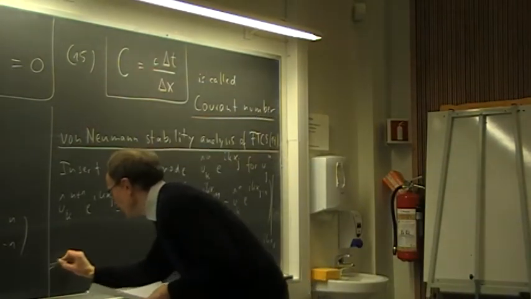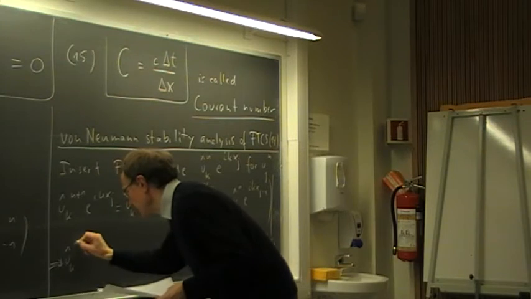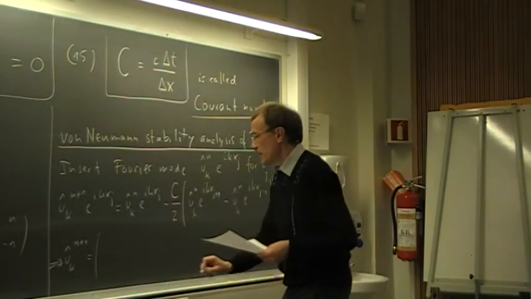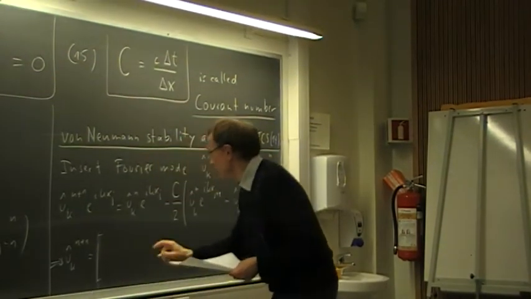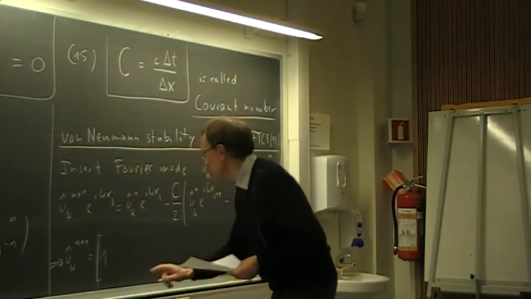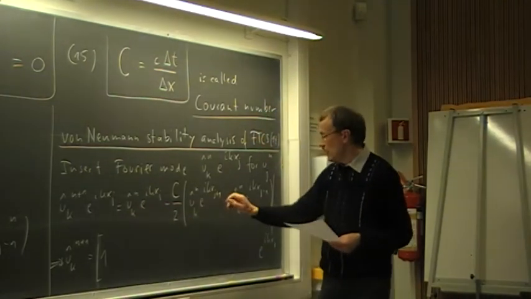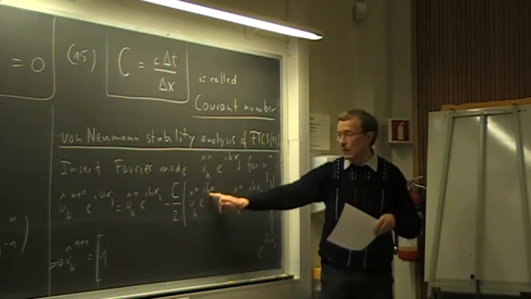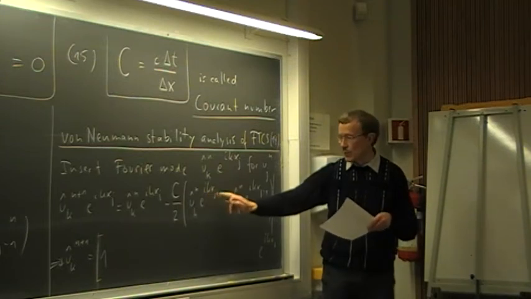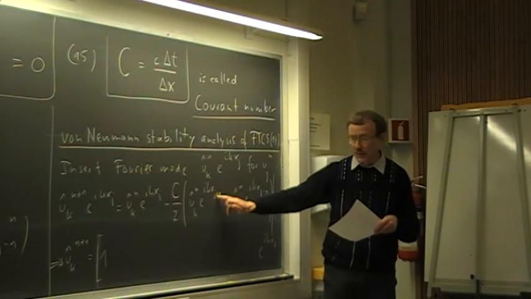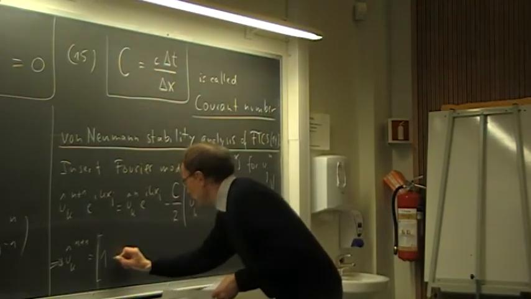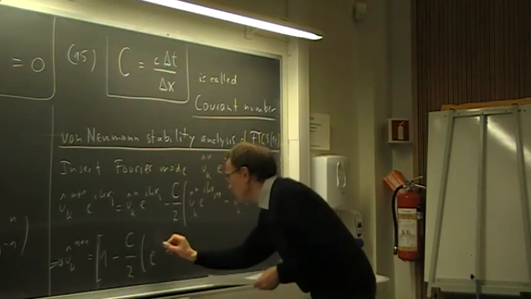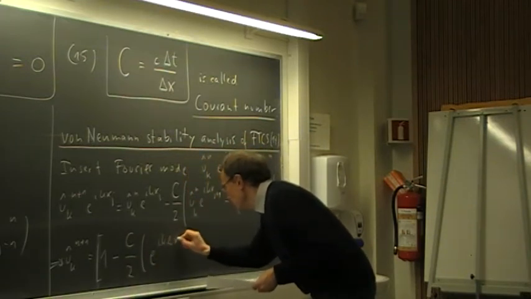And then we get u k hat n plus 1 is equal to, and on the right hand side we factorize the u k n, and then we see here we have e to the ik xj times e to the ik delta x, because this is xj plus delta x. So then we get here minus c half e to the ik delta x.